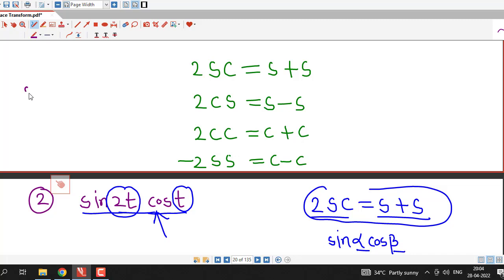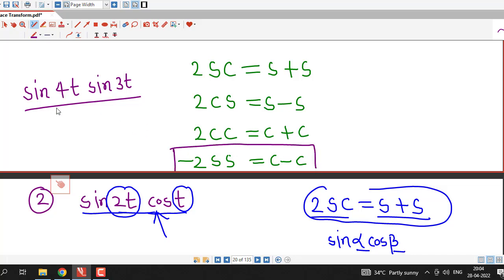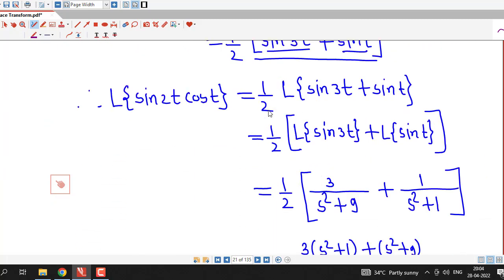So if we have this type of thing, suppose I have sin 4t into sin 3t, then I will use this last formula and write this in terms of cosine functions. So whenever you have a product of sine and cosine functions, and if the angles are different, then you can use the appropriate formula and write your product in terms of those functions whose Laplace transforms are known to us.